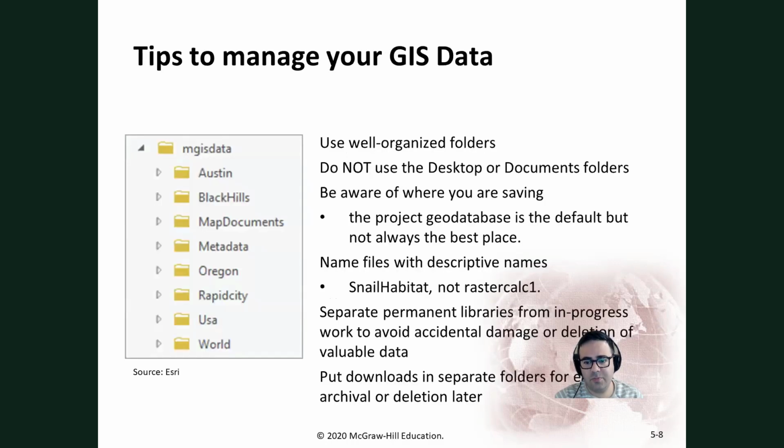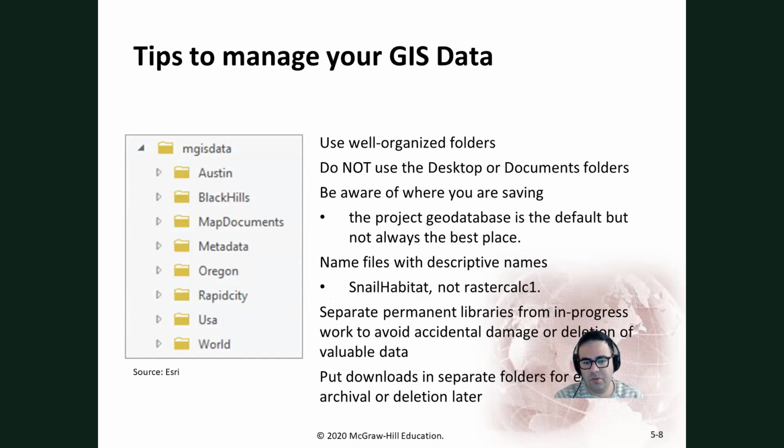In ArcGIS Pro, what you can do is use the catalog, which is integrated into ArcGIS Pro, so it helps you manage the data much more efficiently. And there are some tips for managing data in GIS, and you can read the actual textbook, but basically we never want to use spaces in the name.